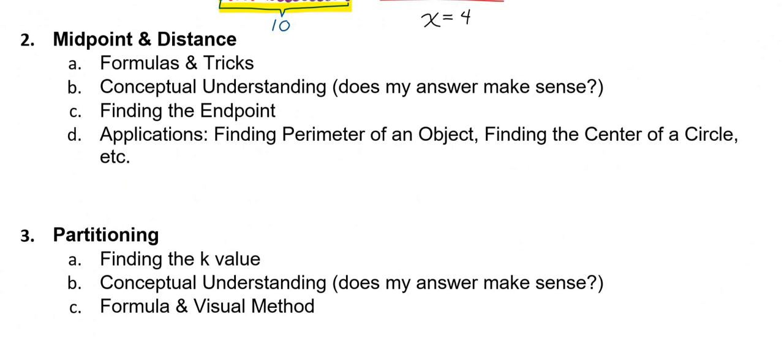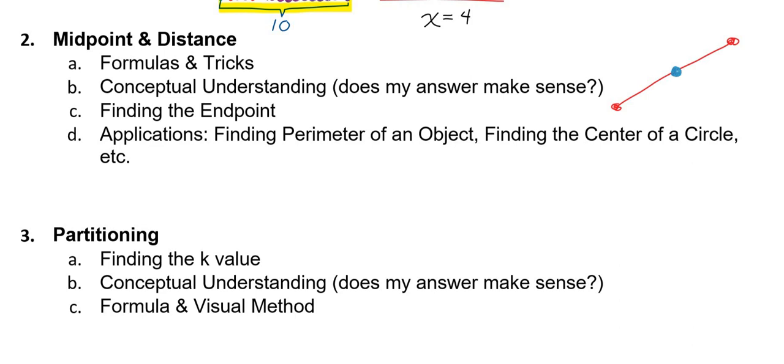The next concept that you have to understand is midpoint and distance. There are some formulas and tricks for finding the midpoint and the distance, which we'll take a look at once we start doing some problems. There is a conceptual piece that you have to understand. For instance, if you're finding the midpoint of a line segment, here's my line segment. It would just make sense that my midpoint is in the middle, right in the center of my line.